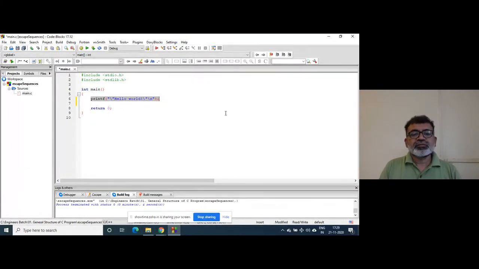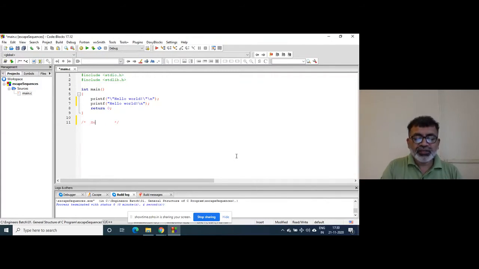Now you can use the same everywhere. Suppose I want the output to be this. Output means output on the output window.